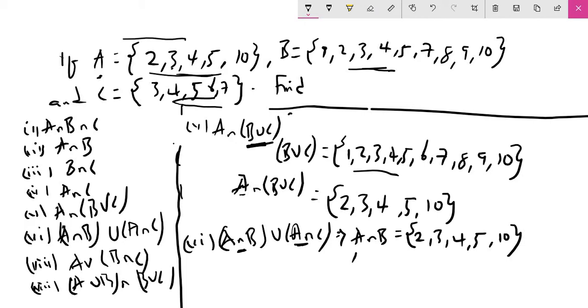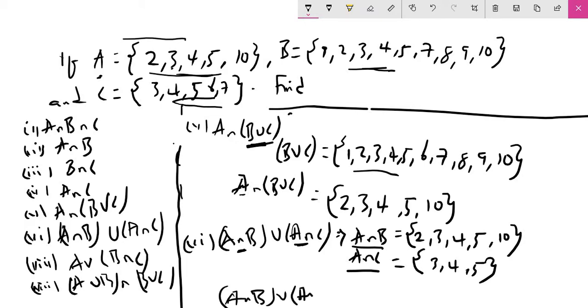And then we have A intersection C, which is 3, 4, 5, and that's it. So now we find the union of this and that. So A intersection B union A intersection C is given by 2, 3, 4, 5, and 10.